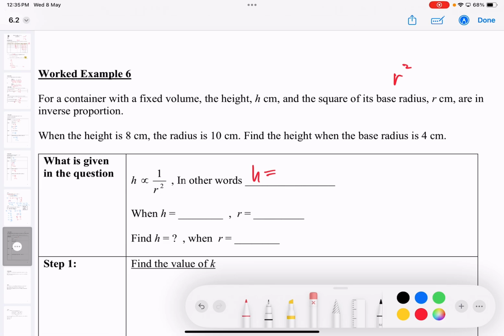K over R squared. If you want to write 1 over R squared, then you also can, but it's not needed.